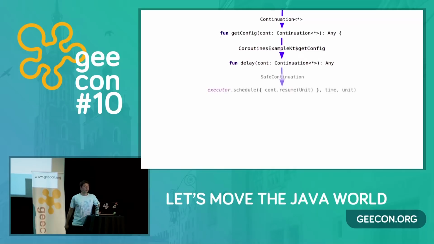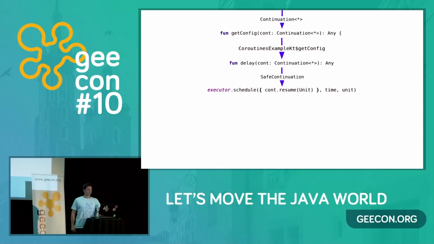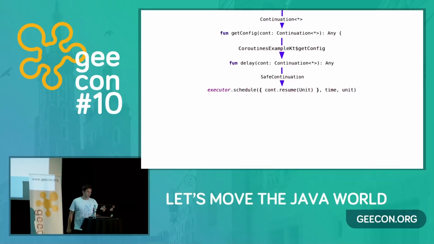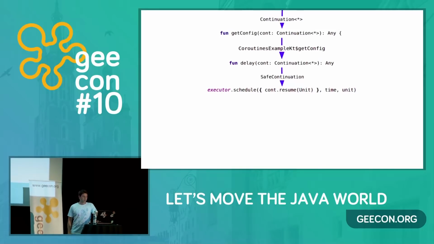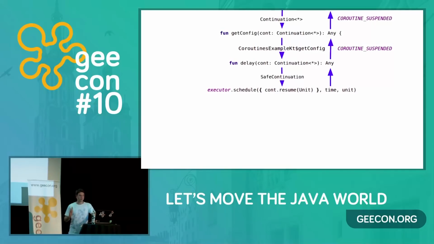This delay packs it into SafeContinuation and invokes the scheduler and asks the scheduler to call it after a delay, to call resume after delay. Finish ends. Our delay returns COROUTINE_SUSPENDED, so our getConfig returns COROUTINE_SUSPENDED.